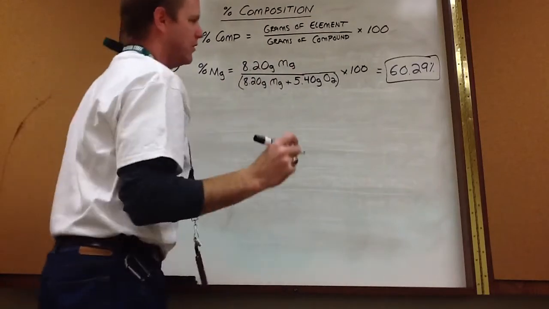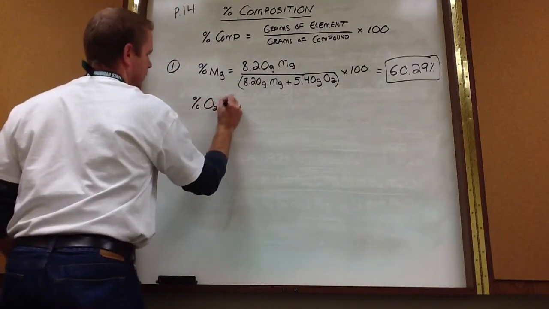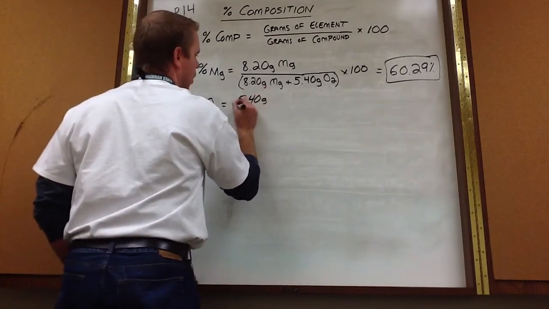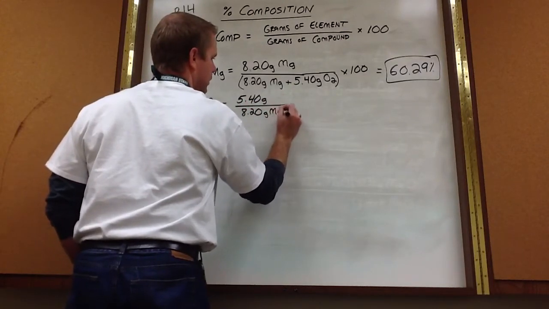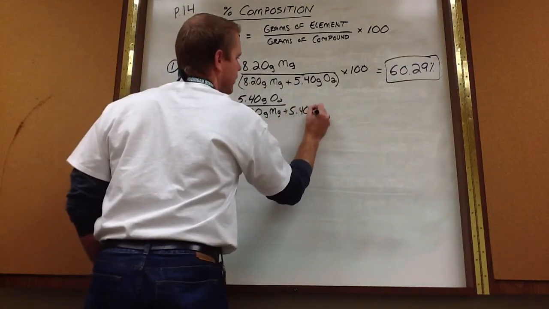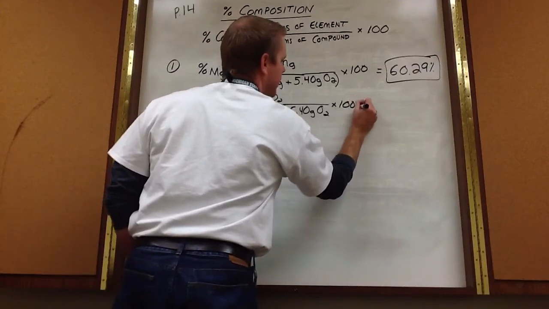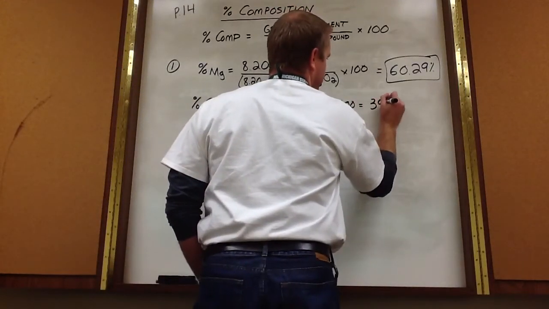Now I have two choices here. I can calculate the oxygen: percent of O2 is equal to 5.40 grams over 8.20 grams of Mg plus 5.40 grams of O2, times 100, and that equals 39.71%.